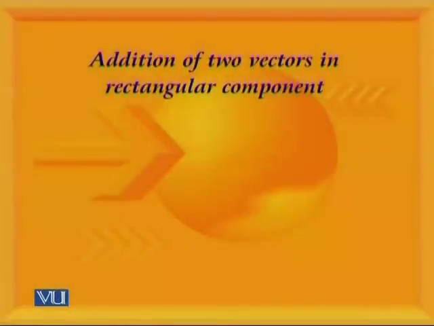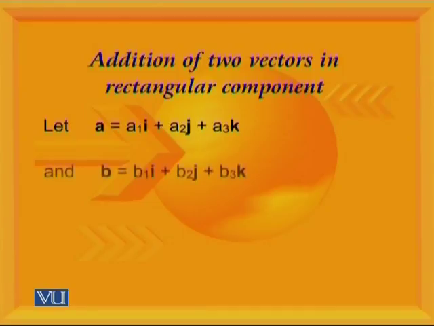Let us see. A is a vector which has components A1, A2, A3, that is A1 along the x-axis, A2 along the y-axis and A3 along the z-axis. So the vector A is equal to A1i plus A2j plus A3k, and the vector B is equal to B1i plus B2j plus B3k. So we add component-wise, so it is very easy to add.